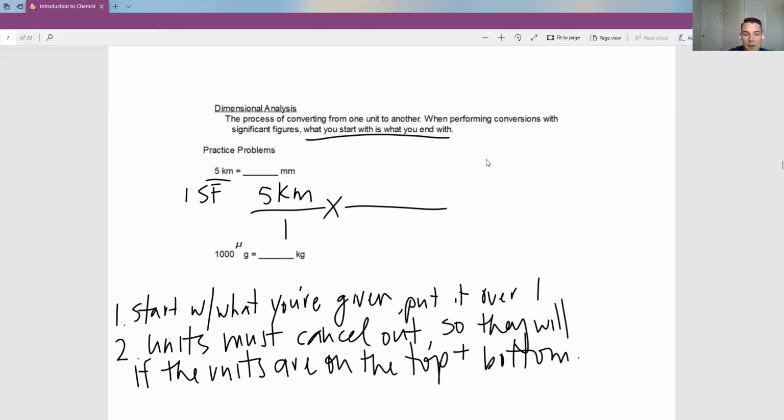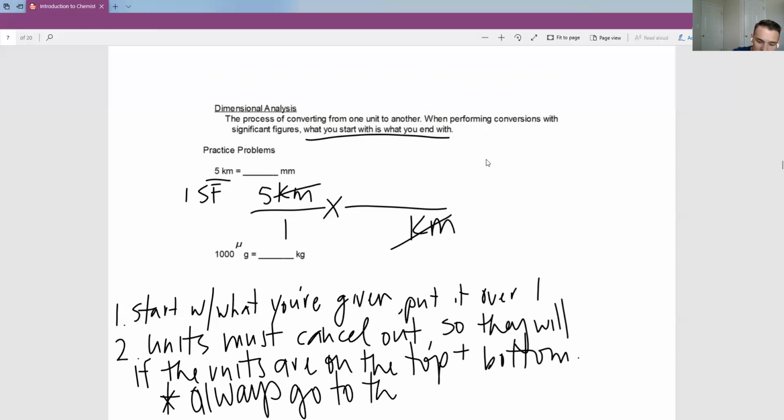So I have kilometers on the top. I need kilometers down there. Those things will end up canceling. And it's very important. You always go to the base unit, okay? So kilo is a prefix. Milli is a prefix. But the base unit for kilometer and millimeter is the meter, okay?